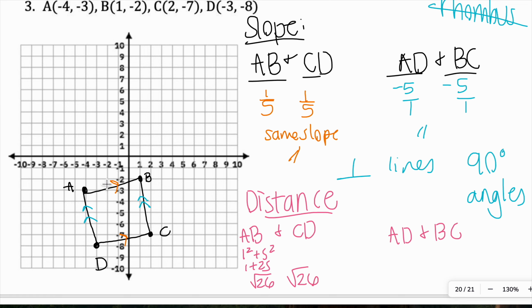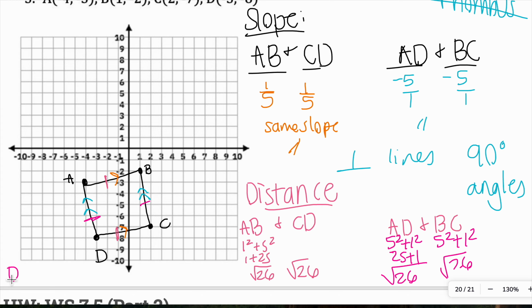Okay, so right now I can say AB matches CD, and then for AD, it's down 5 over 1, so still 5 squared and 1 squared, so still going to give me 25 plus 1, which is the square root of 26. So that also matches. And then BC is going to be the same thing. 5 squared plus 1 squared, still going to give me the square root of 26. So I do have all matching sides.